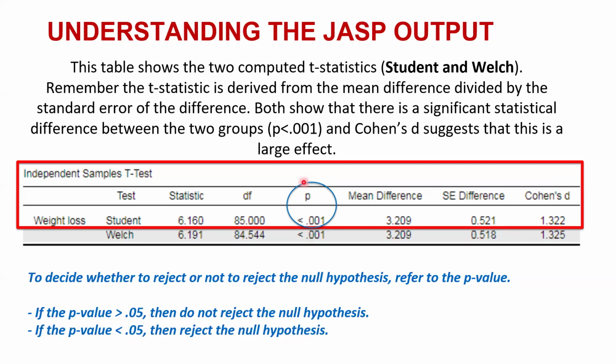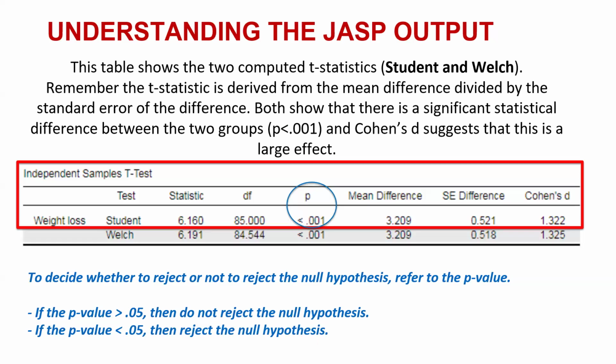Going back to our result, the p-value is less than 0.001. Obviously, it is less than 0.05. Then the decision is to reject the null hypothesis. Rejecting the null hypothesis means that we are going to take the alternative hypothesis, indicating that there is a significant difference. So we keep that in mind. We will come up with our conclusion later on.